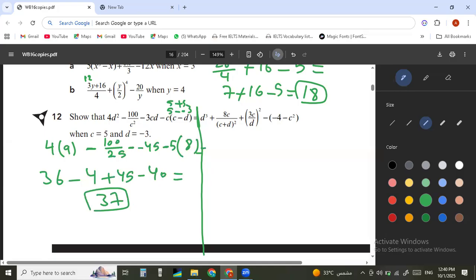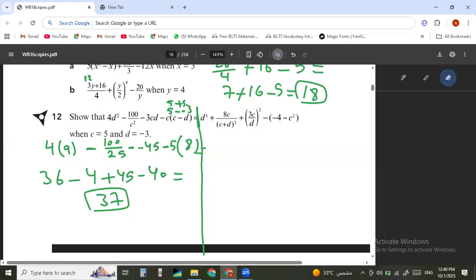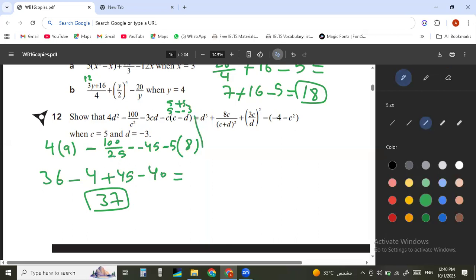Next, I have d cubed and d is -3. Let me erase this line not to get confused. D cubed when d is -3 is -27, plus 8c when c is 5, which means 40, over c plus d. C plus d is 5 plus -3, which is 2.